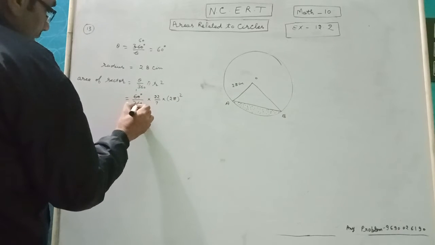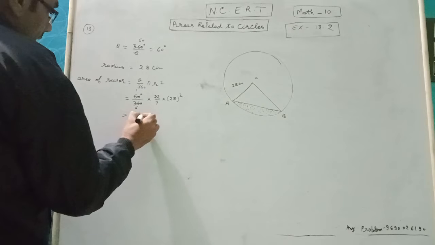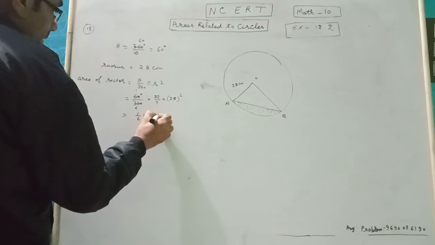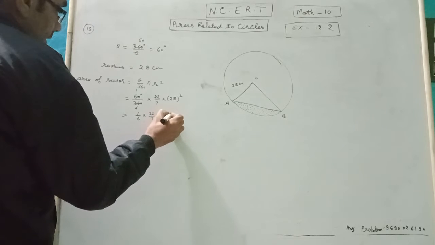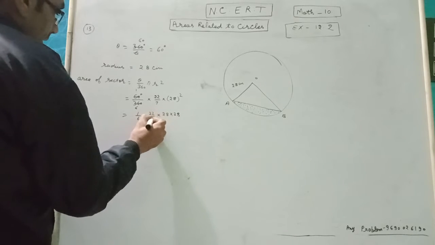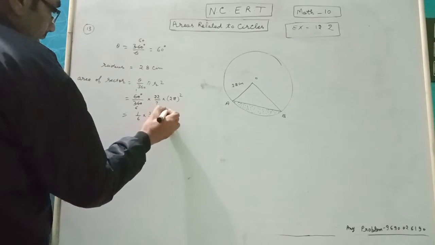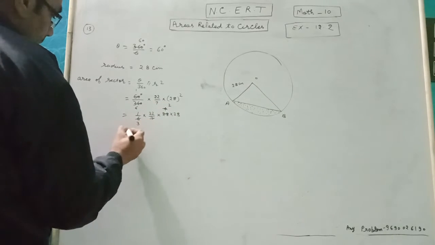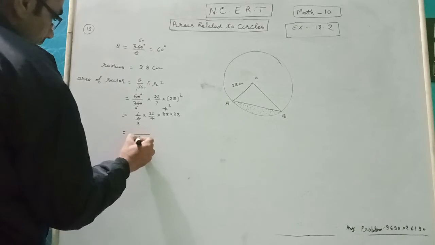Upon 6: 1 upon 6 into 22 upon 7 into 28 into 28. 7 fours are 28, and simplifying gives upon 3.